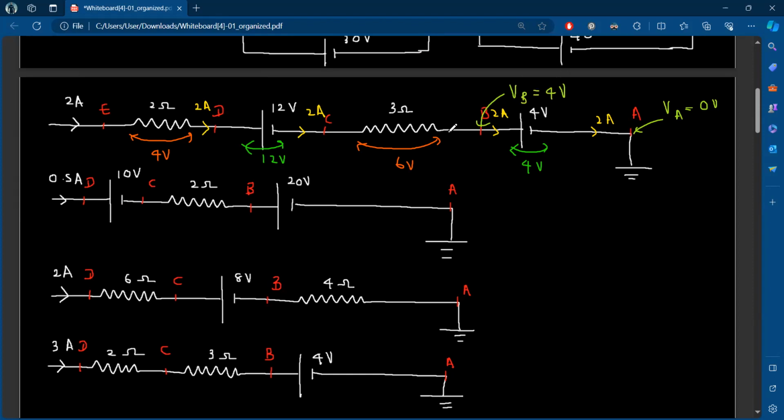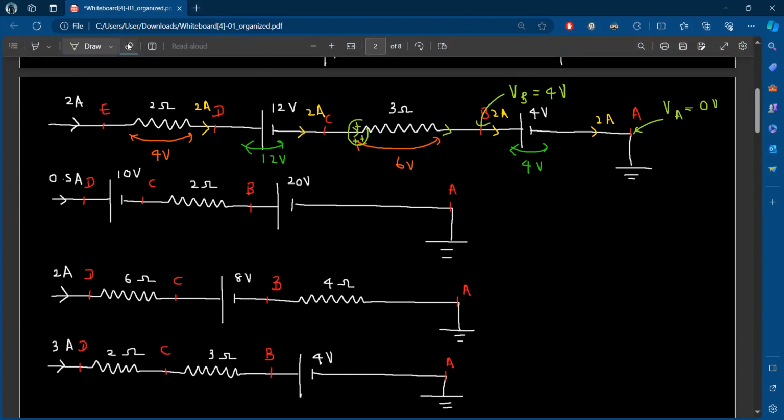Now, is it the younger one or the older one? Older one. This one is the younger one. Actually, the current is passing from here to here. Positives are in here and negatives are in here. If you find it hard to remember that, you can do it this way.